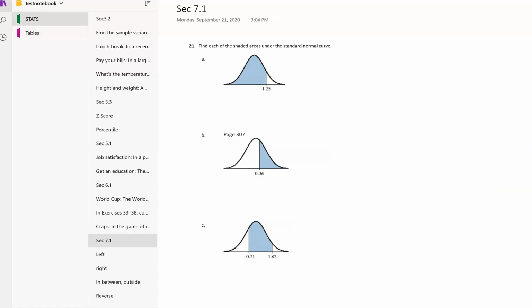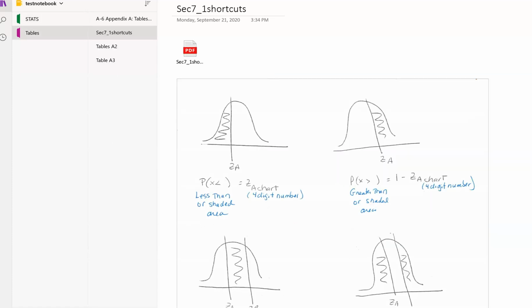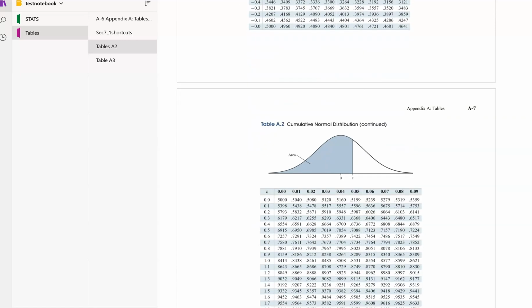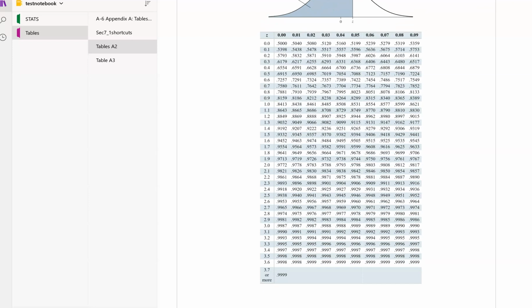So I'm going to look up a positive 1.25 on the chart. And this is going to be table A2. So for a positive 1.25, I have to get to this one here. And 1.2 is right here, and the 1.25 is here. So it's 0.8944.